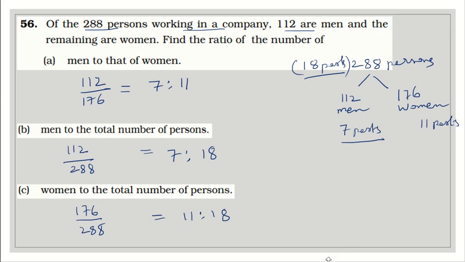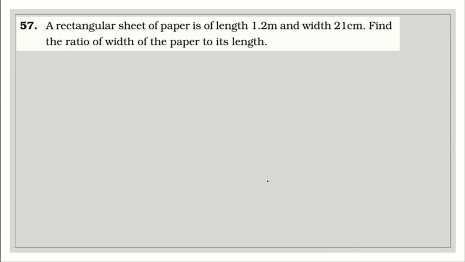Okay, moving on to question number 57. In question number 57, a rectangular sheet of paper is of length 120 centimeters. Why? Because 1.2 meters he said.